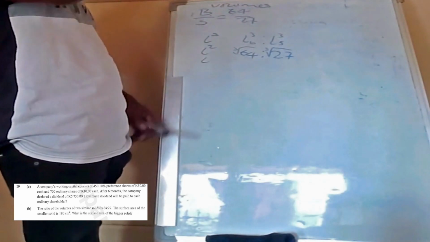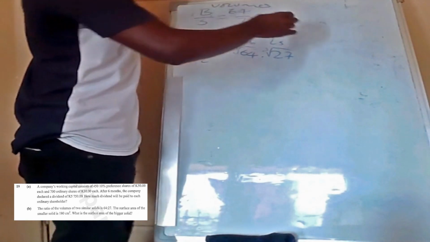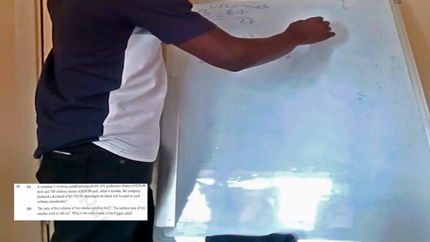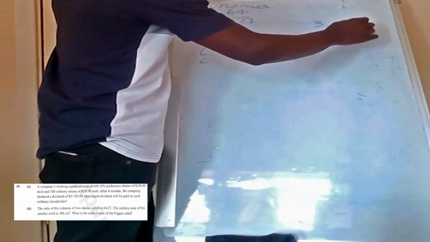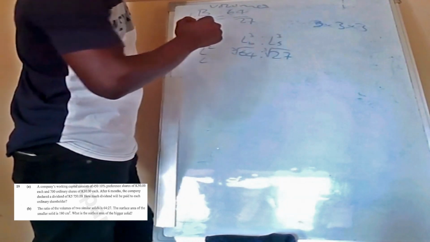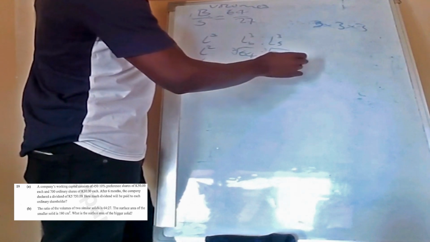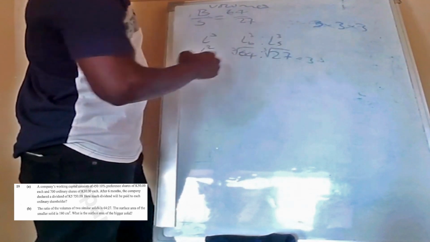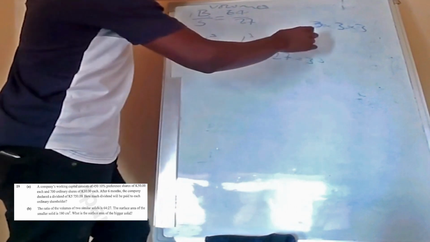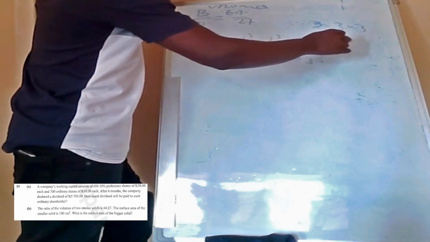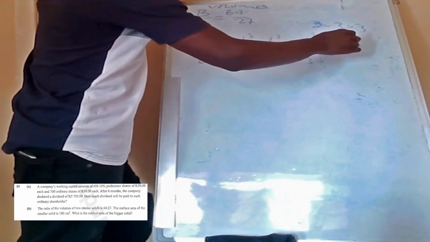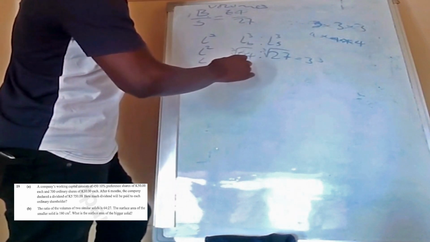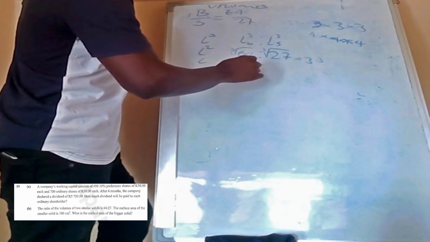Start with 3. 3 multiplied by 3 multiplied by 3 will give us 27. So this is equal to 3 to the power 3. Then 4 multiplied by 4 multiplied by 4 will give us 64. So this is 4 to the power 3.